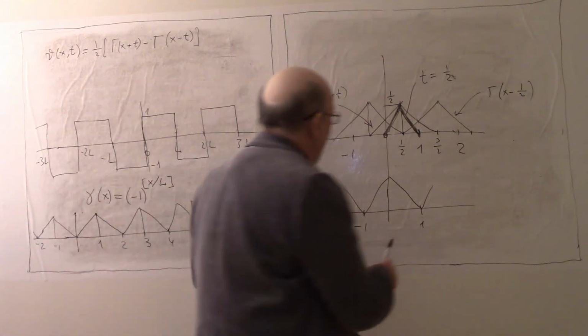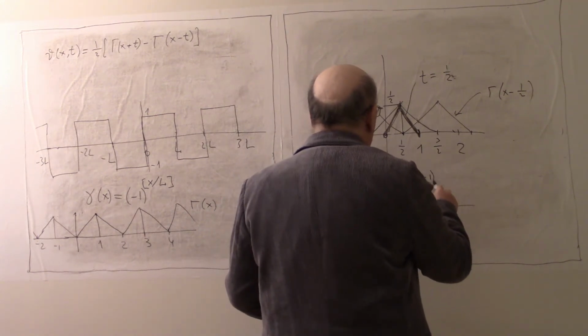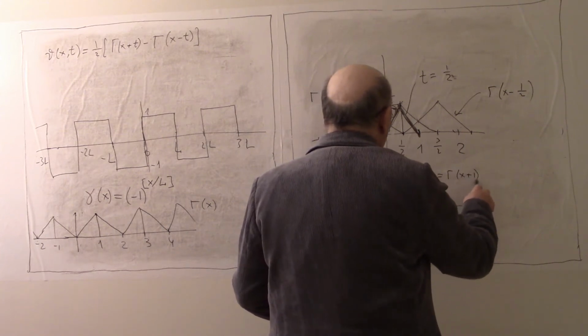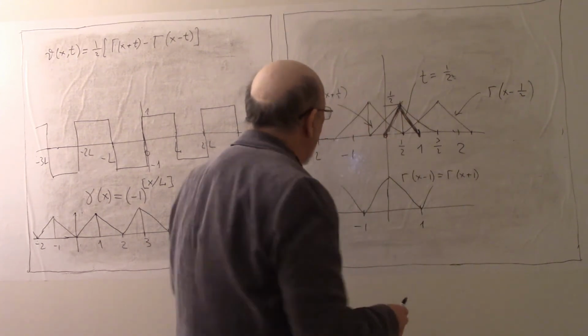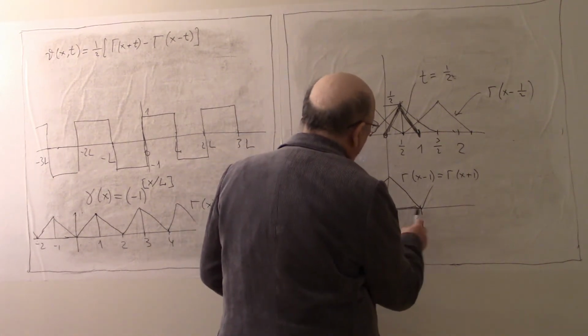So gamma of x minus 1 equals gamma of x plus 1. So the difference is 0. So the solution is 0.